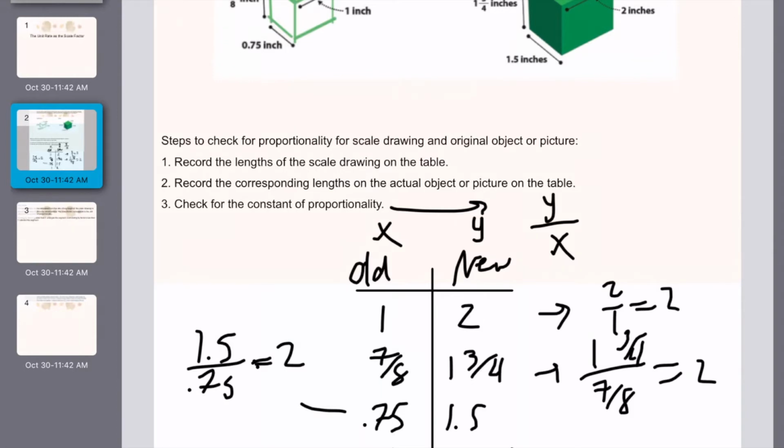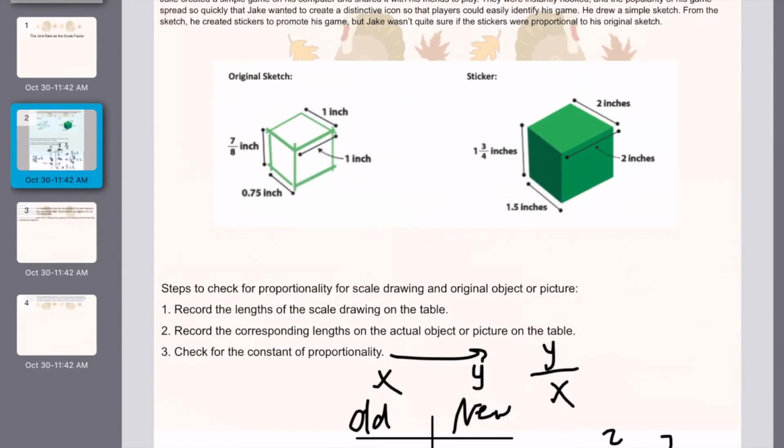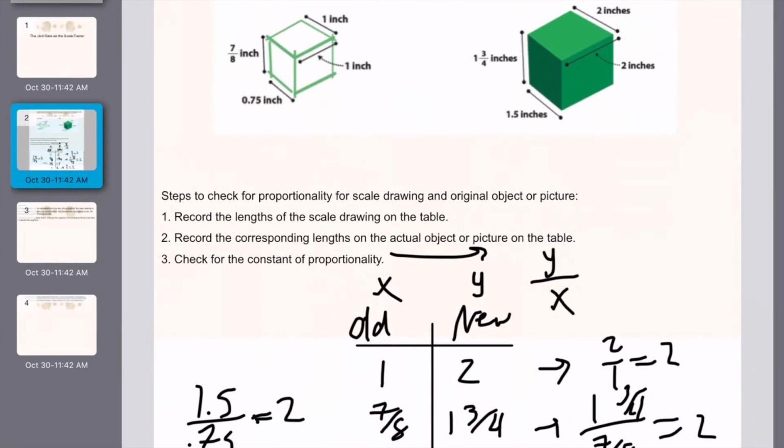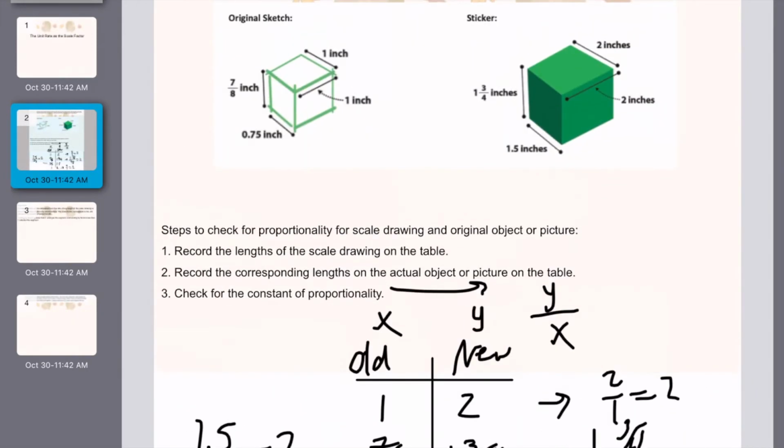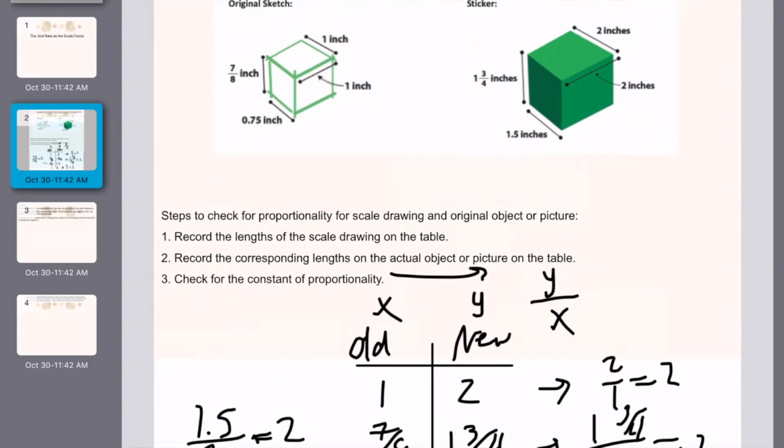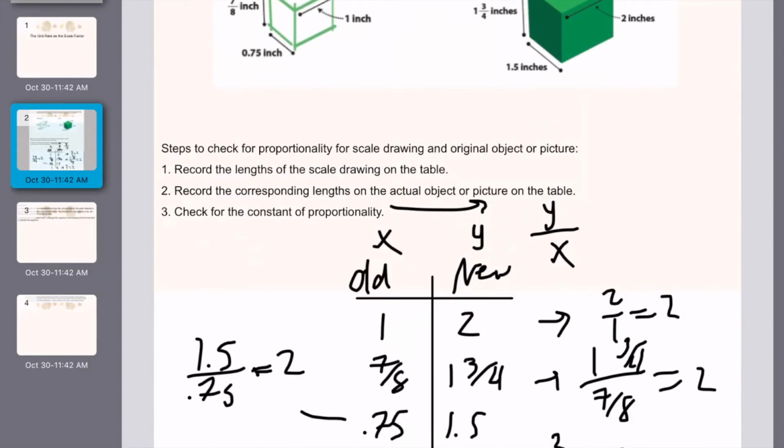And if again I do 2 divided by 1, I also get 2. So I know that these two images are proportional to each other, and I know that in fact this sticker is twice as large as the original sketch, or its scale factor is 2.